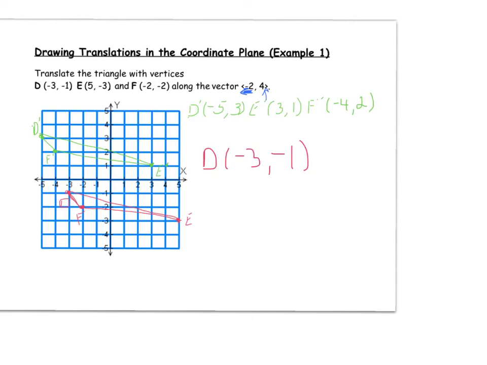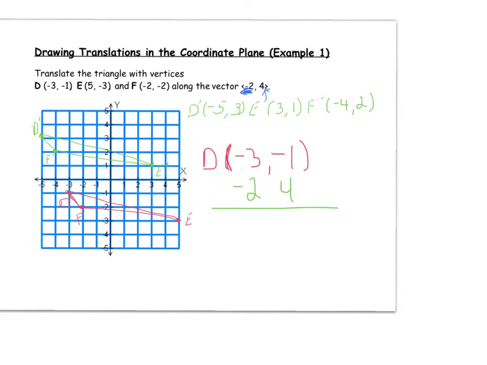And we're going to take that vector that we have, this -2 and 4, and we're going to put it right below it, -2 and 4. And that's the vector, so we see that's our vector. And what are we going to do with those numbers? If you look at your new D, our D prime, we're going to add those numbers.